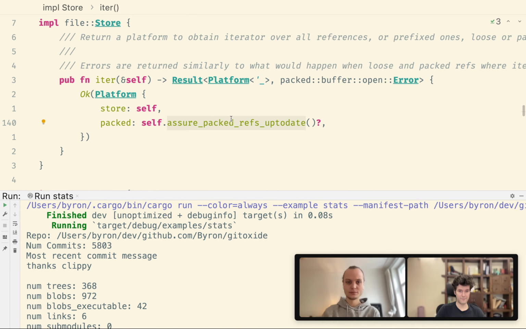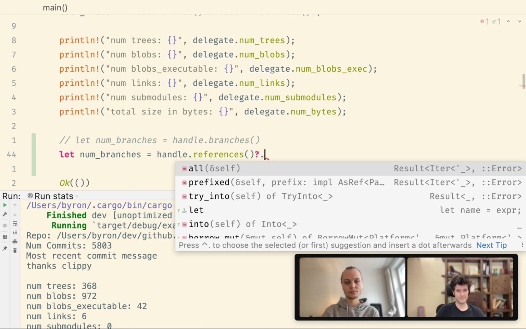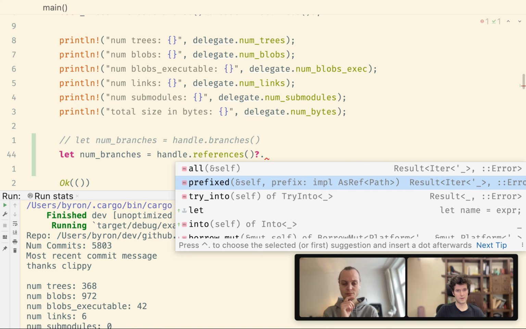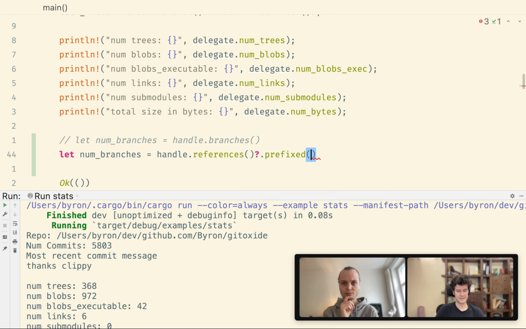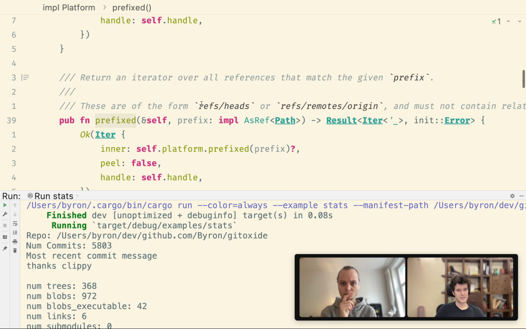So this is why this call can fail, but then after that we have a platform and we are able to either iterate all references or references by prefix. And this prefix here wants to take a path that looks like this. So it includes the refs prefix.